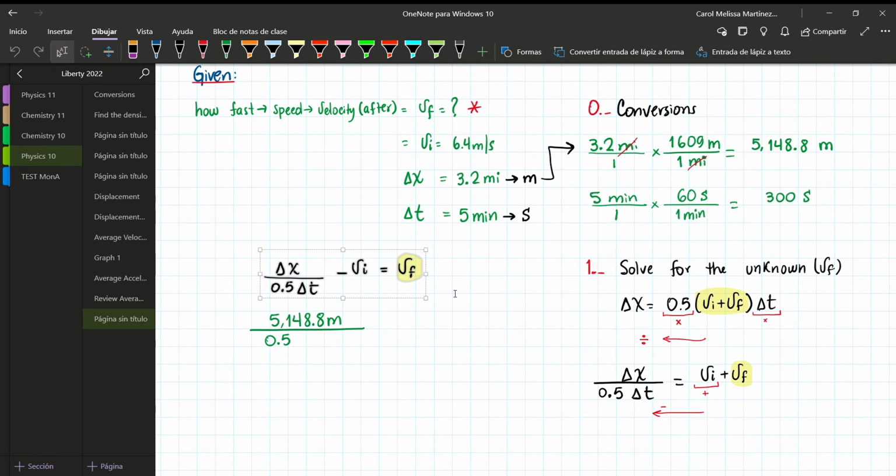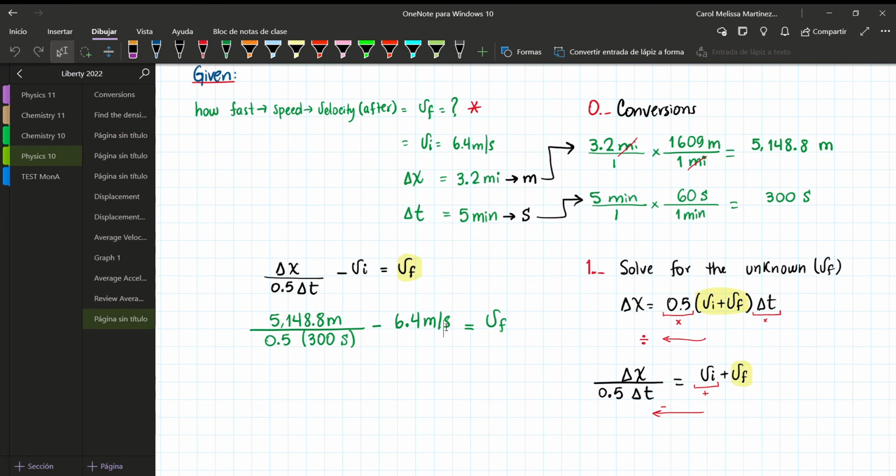How much time do I have? I have 5 minutes. There are 300 seconds. Minus the initial velocity. Initial velocity, I don't need to convert, so I just write it the way it is. All this is equal to final velocity.